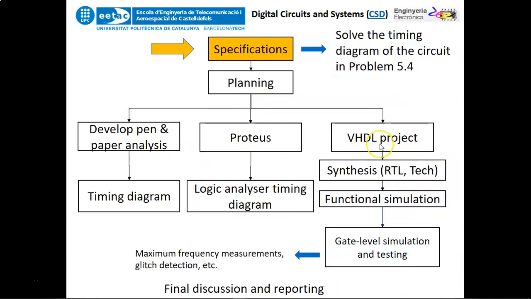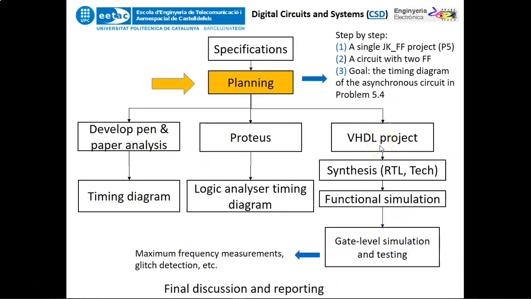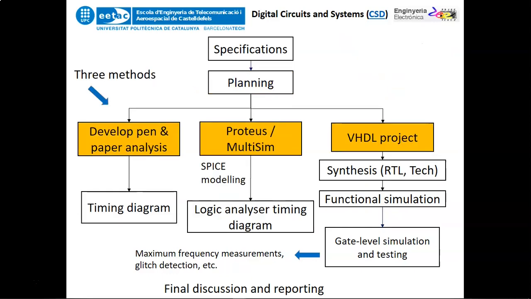So that's the point. But the next step is different this time, because this is an analysis. You don't have to design anything here, because the circuit in the end is given to you. So you have, for example, why not three methods? The typical method and the most direct one is to try to solve the circuit on paper.